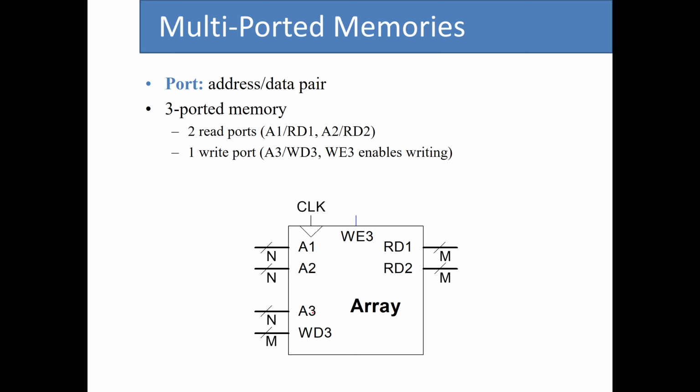And then finally you can have A3 and WD3, which are basically the address port and the data that you want to write for when you want to write a data into the array. And this WE3 acts as the enable signal for the writing. So there are all sorts of different types of memory arrays that we can have.